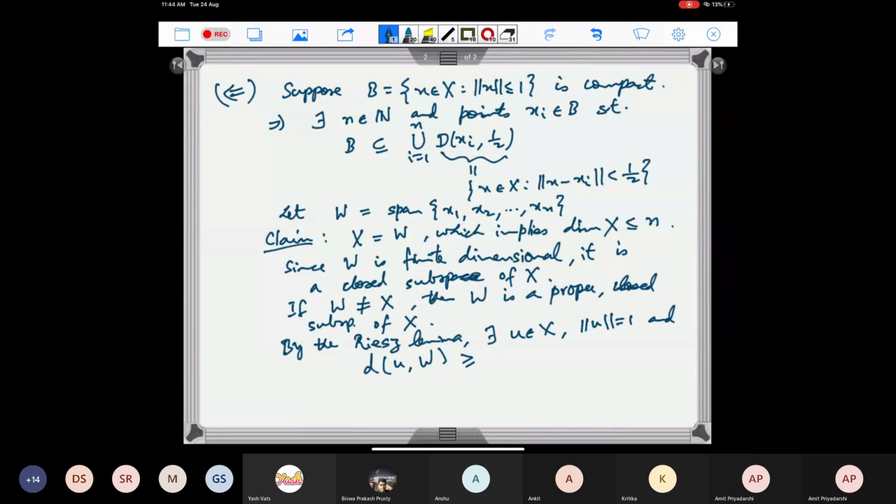Right, so we are taking epsilon equal to 1 by 3. We know that for every epsilon positive, there will exist a vector such that the distance is bigger than or equal to 1 minus epsilon. So if I take epsilon equal to 1 by 3, then we get that distance of u to w is bigger than or equal to 2 by 3.